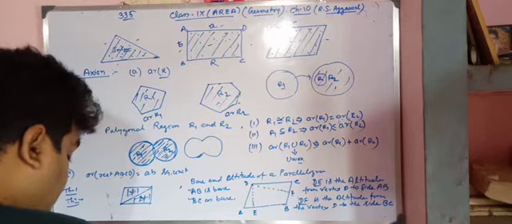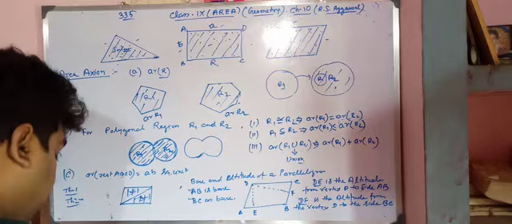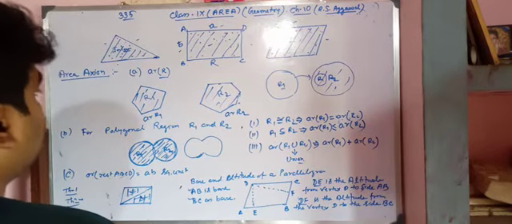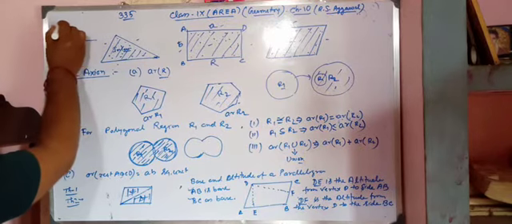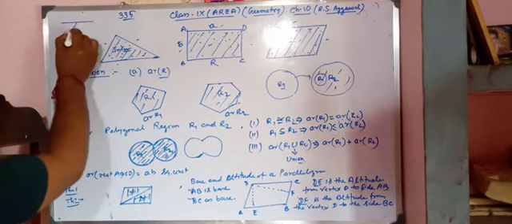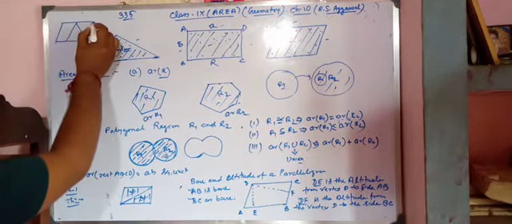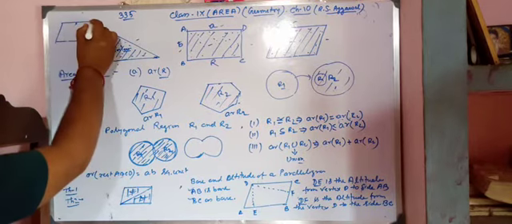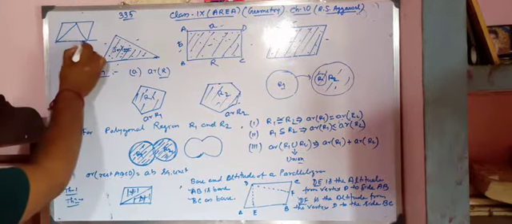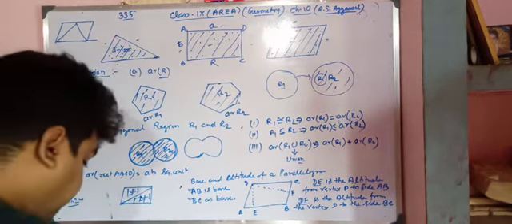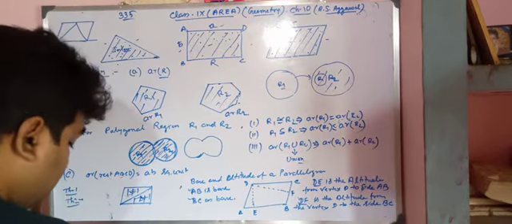If a triangle and a parallelogram are on the same base and between the same parallels, I am drawing the picture, this is the parallelogram ABCD with triangle BCE, then the area of the triangle is equal to half of the area of the parallelogram.